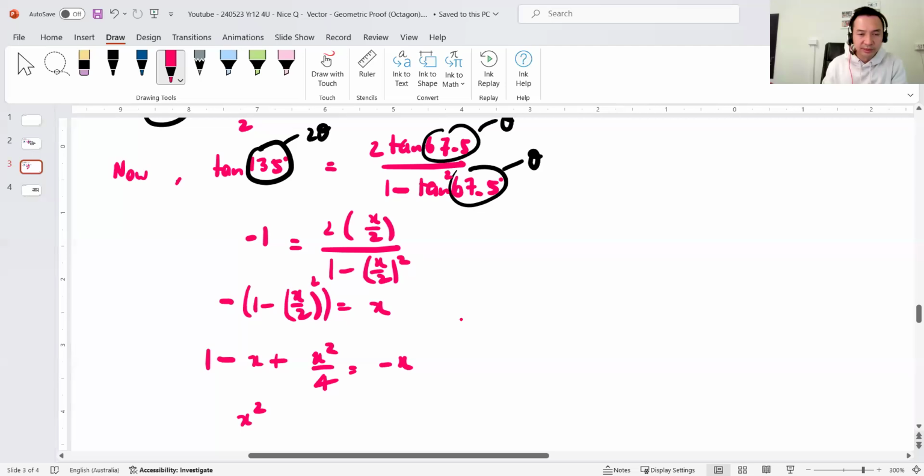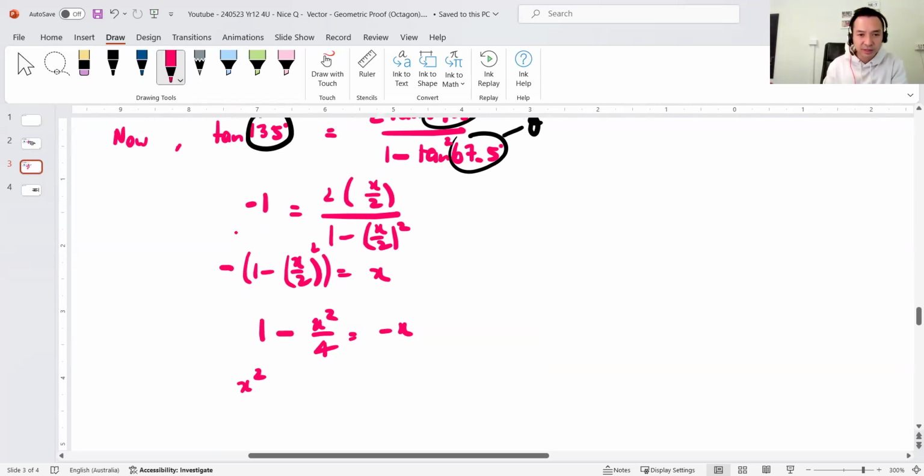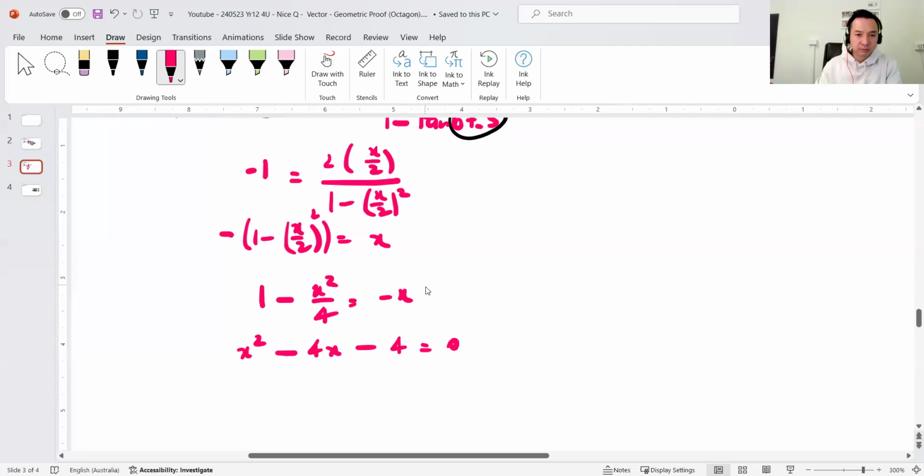And then 1 minus this up here, the minus x. Oh, I expanded a perfect square for some reason. Sorry, that was very silly of me. I mean, you guys are probably already screaming at me. And you get that. So then times everything by 4, so that becomes x squared minus 4x, and then minus 4, equals 0. Is that right? Yeah.